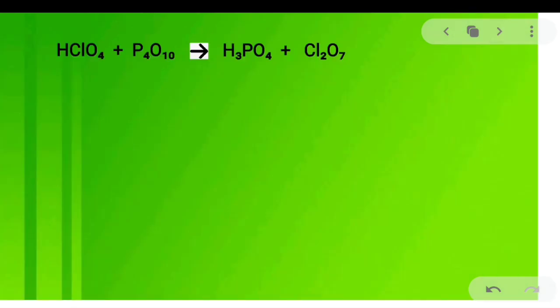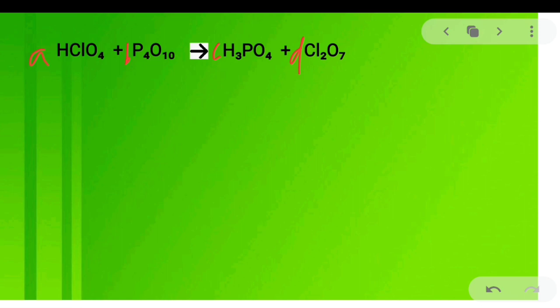I have taken here HClO4 plus P4O10 will give you H3PO4 plus Cl2O7. Now let's take the variables for this equation. It is A molecule, let us take B molecule, it will give you C and it will give you D. So first take the variable for each element and compound present in the equation.